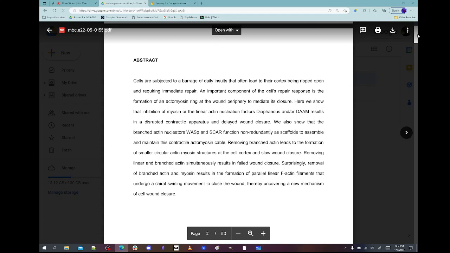This is an important aspect of this process. We also showed the branched actin nucleators, WASP and SCAR, function non-redundantly as scaffolds to assemble and maintain this contractile actin-myosin cable. Removing branched actin leads to the formation of smaller circular actin-myosin structures at the cell cortex and slow wound closure. So you can have variations on this.